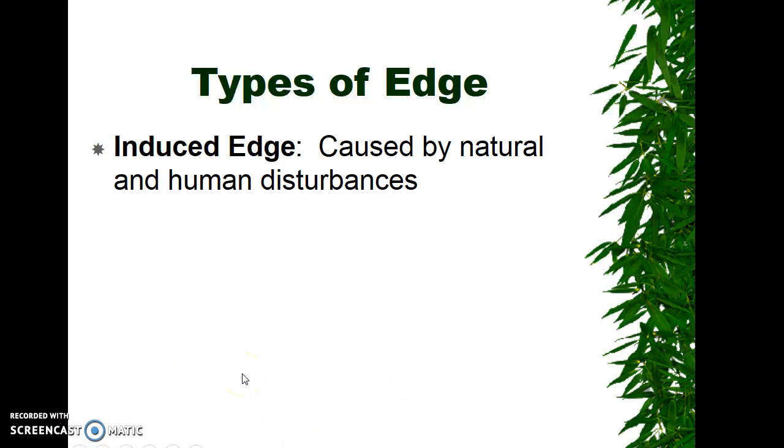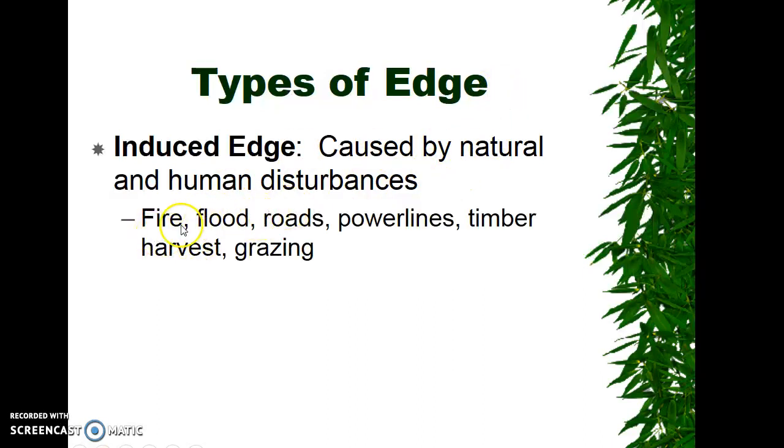The other type of edge is induced edge. This is caused by some kind of disturbance, either natural or human, generally human. Fire and floods are natural disturbances that could have created the edge. Roads, power lines, timber harvesting, and grazing can all be induced edge.